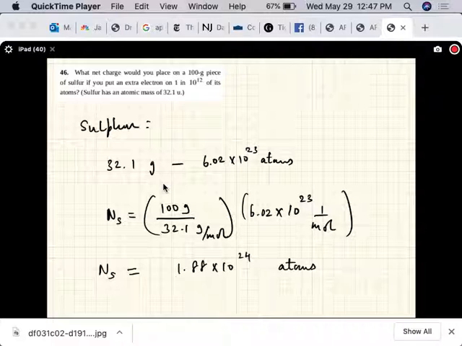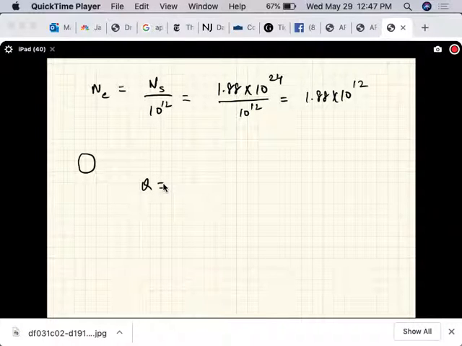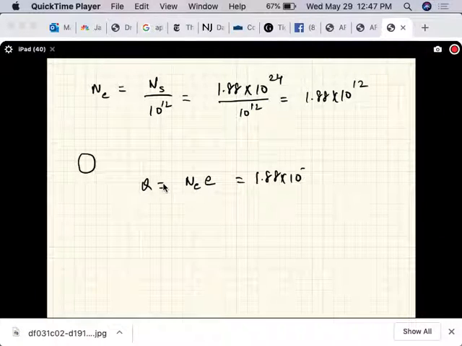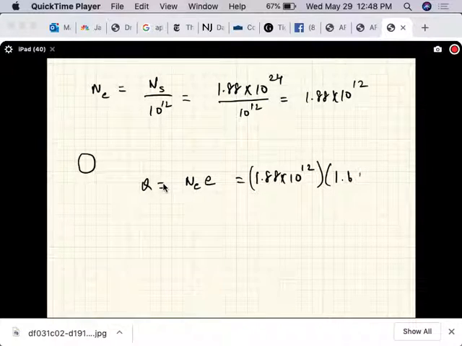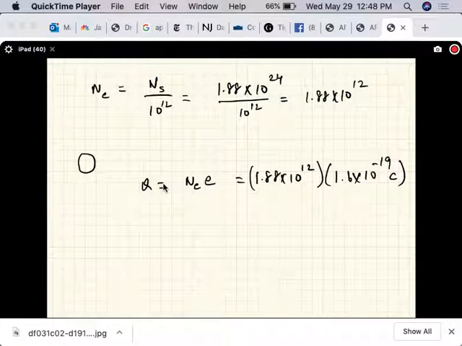What net charge would you place on a 100-gram piece? The charge you're going to place is the number of extra electrons times the charge of the electron. That many extra electrons you place times 1.6 times 10 to the minus 19, and here we are calculating the magnitude of this charge.